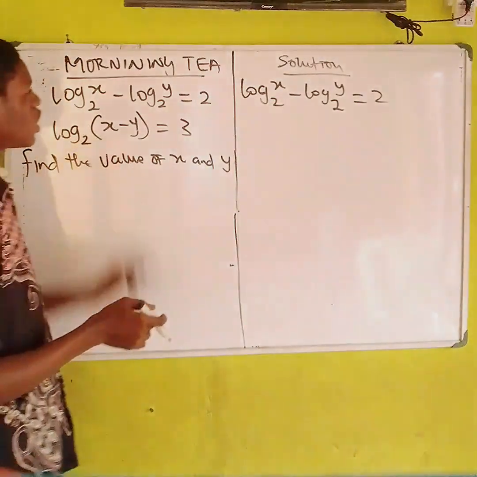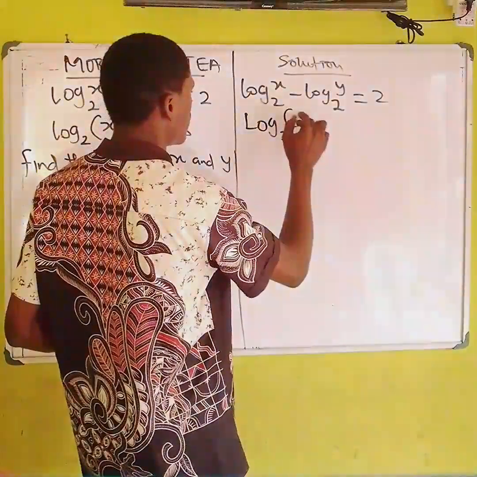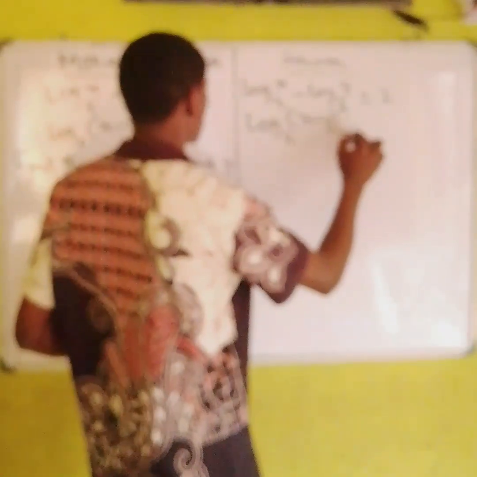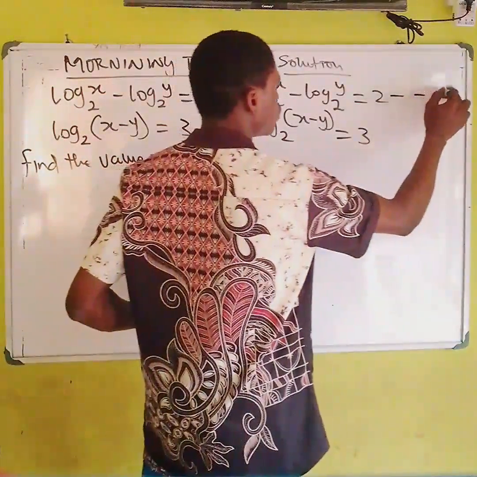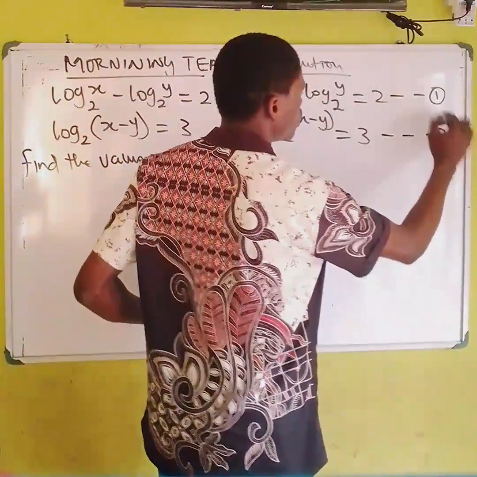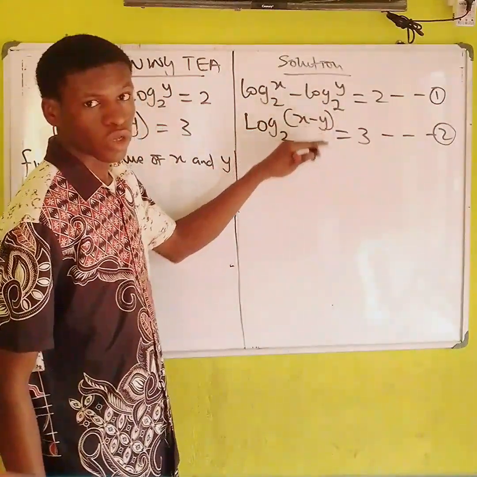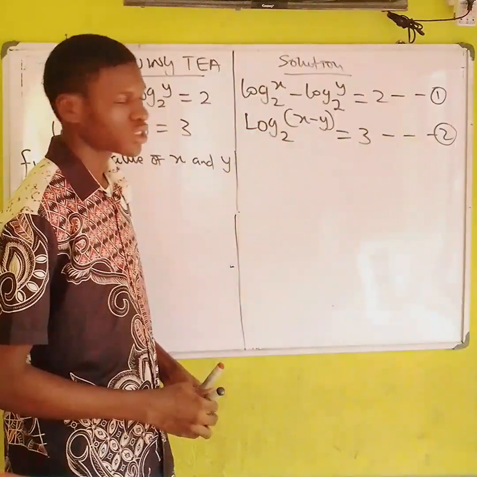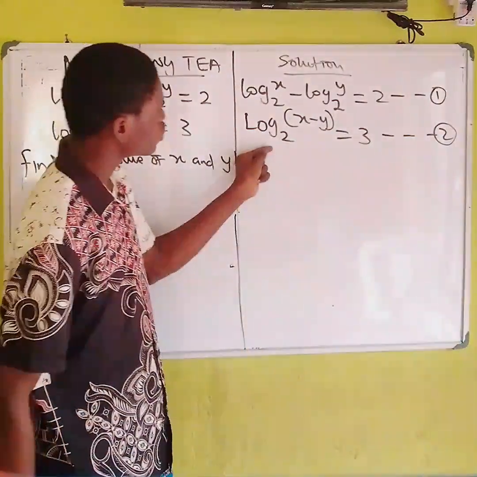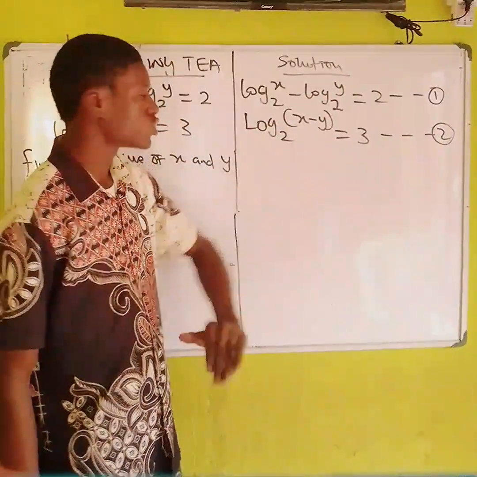Then log base 2 of (x minus y) is equal to 3. Now I call this equation 1 and I call this equation 2. These are the two equations because I'm approaching it in a simultaneous linear equation format. They are very easy to solve.